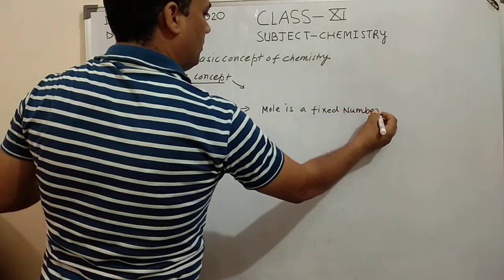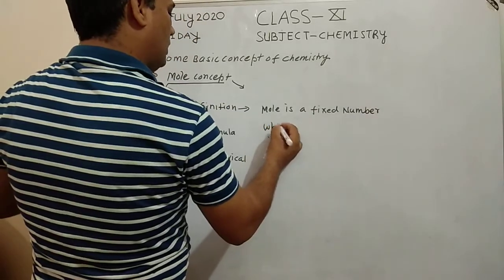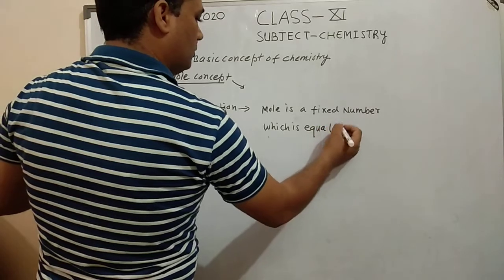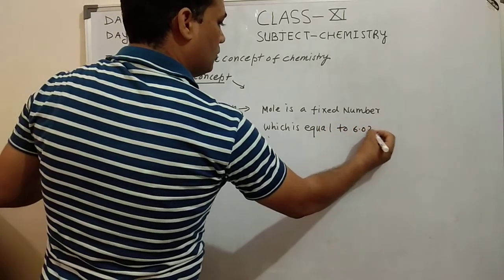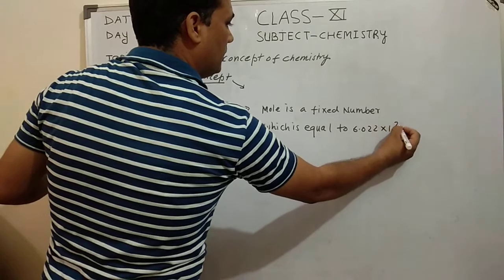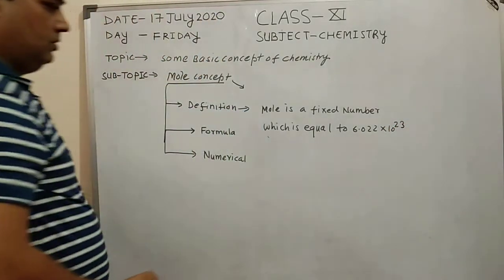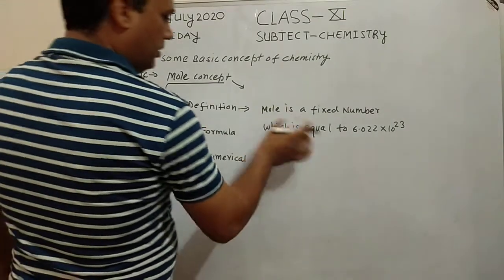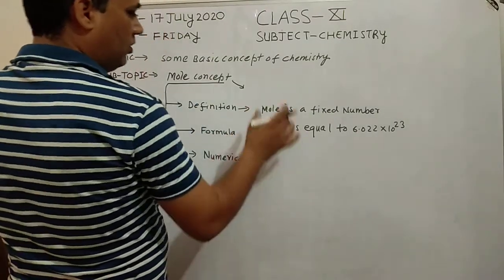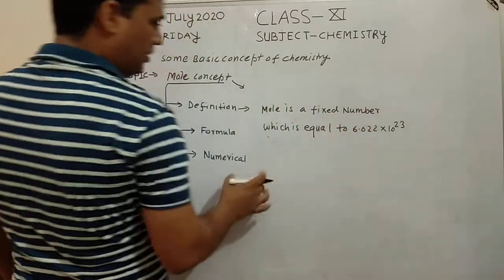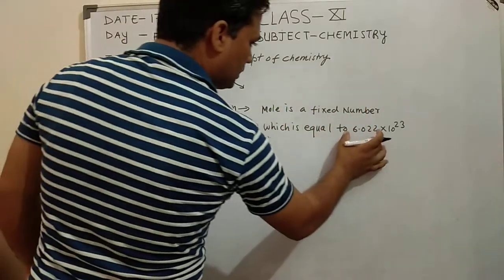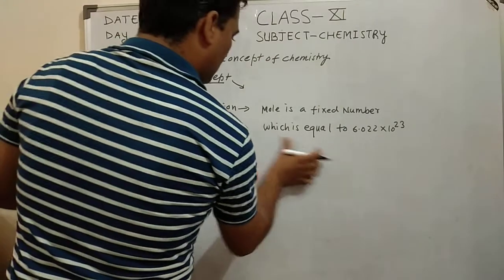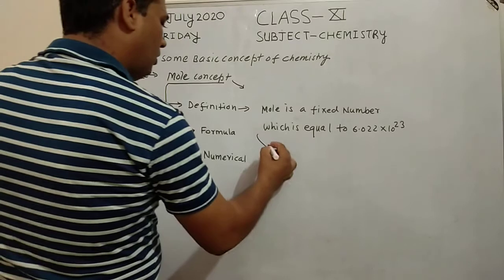Mole is a fixed number which is equal to 6.022 into 10 to the power 23. So the definition of mole is a fixed number, which is equal to 6.022 into 10 to the power 23.